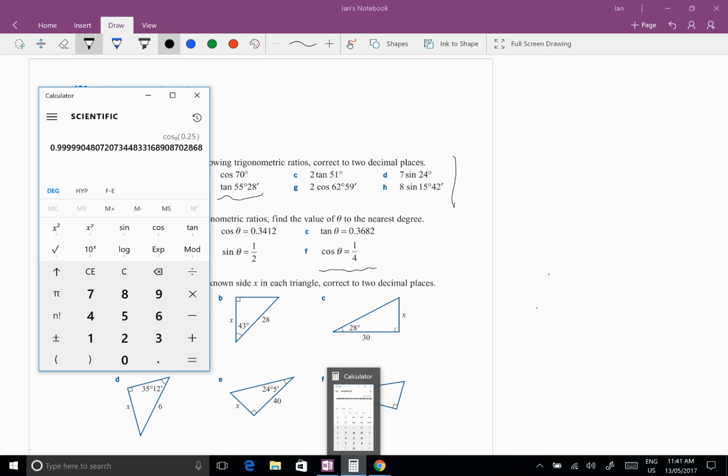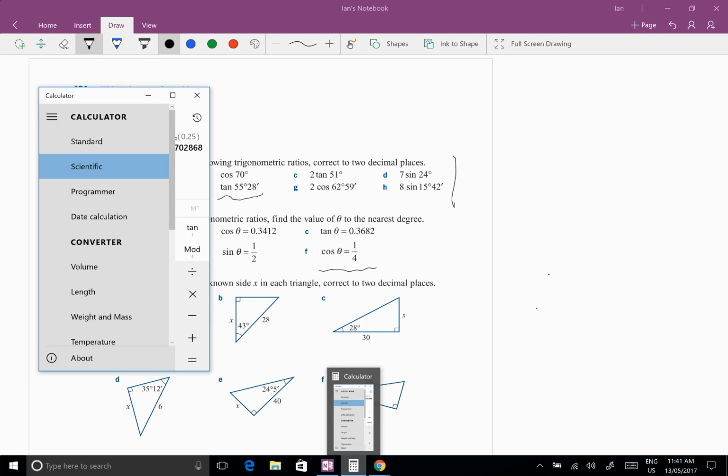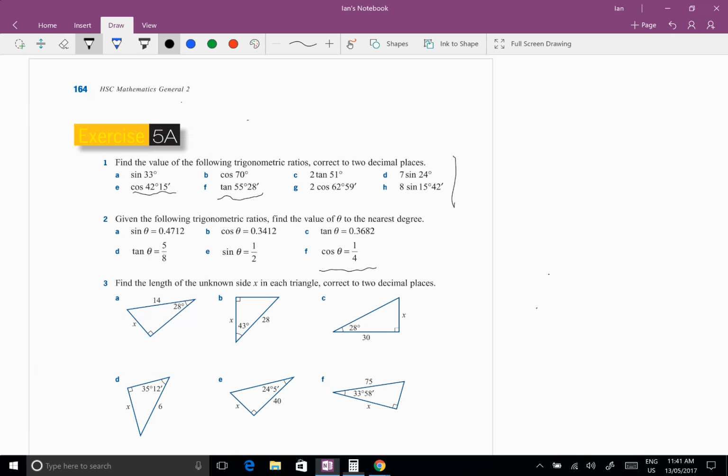I don't know how I get inverse cos up on this. Anyway, I've got my other calculator here.